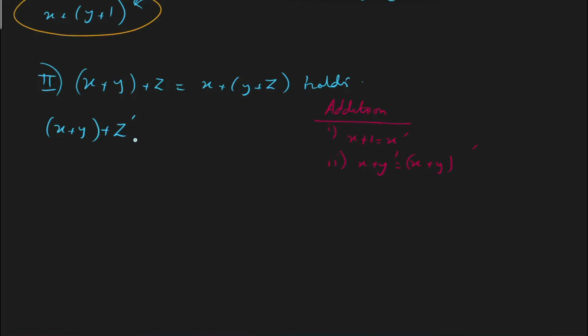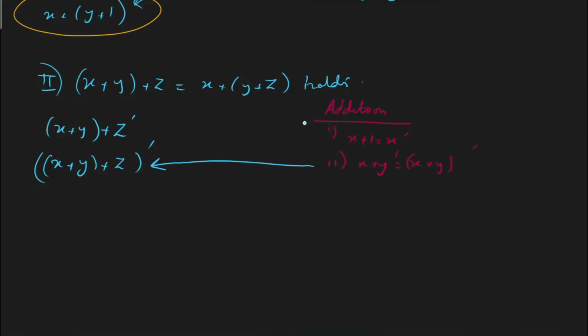And to expand it, I can write it like that: x plus y plus z, and this is the prime of it enclosed within the parentheses. I can write it like that because this follows directly from 2, right?